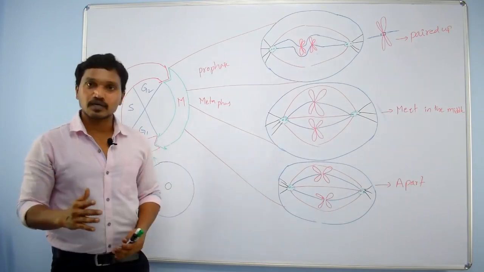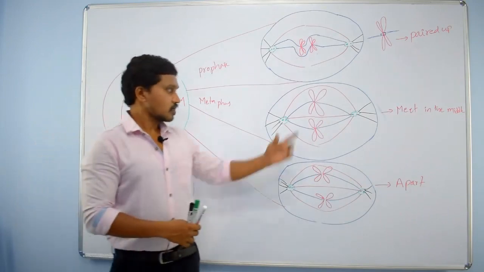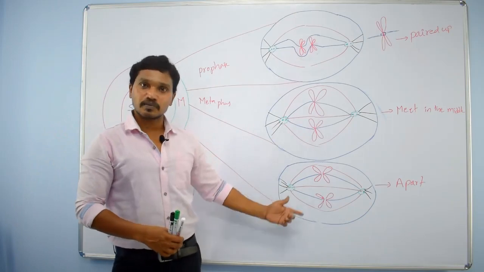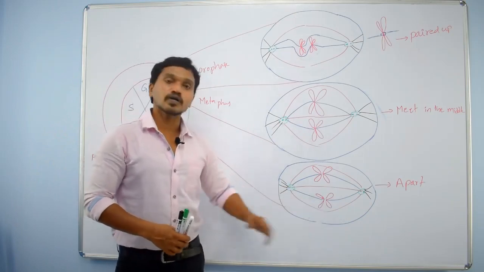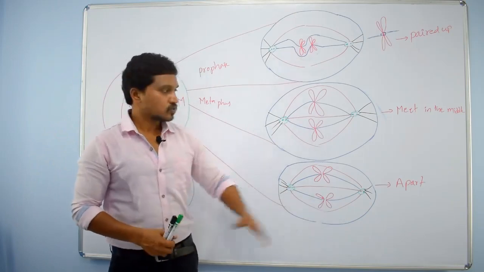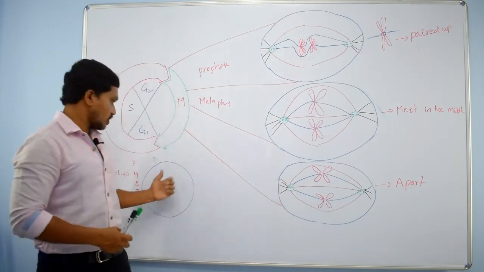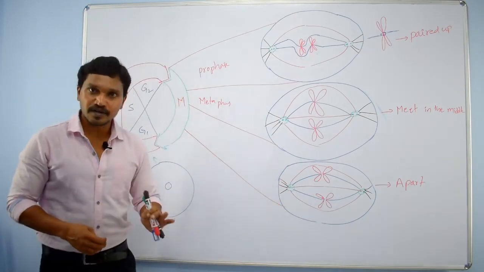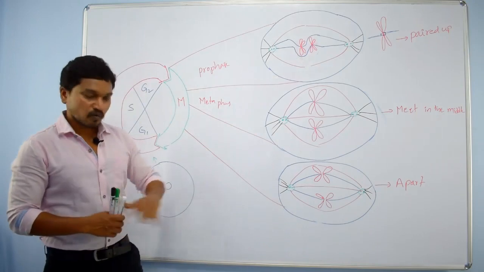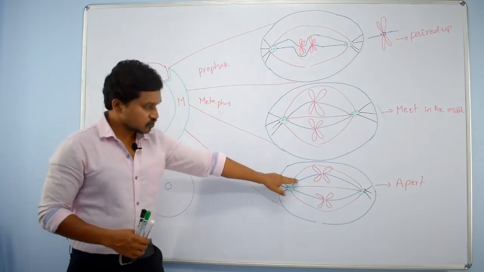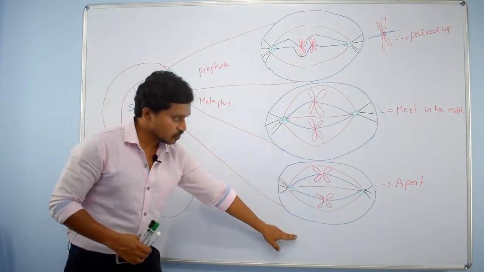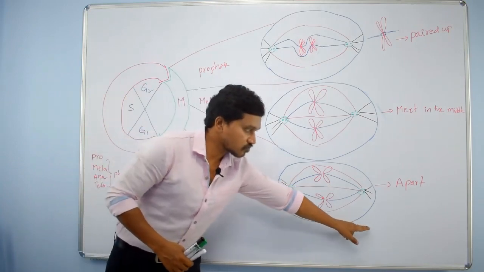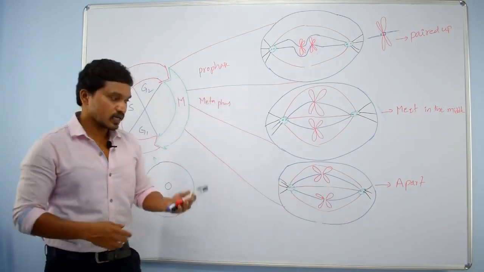So here they are separating. Who is separating? Sister chromatids are separating and becoming two daughter chromosomes. So A for apart. Right? Then once they contract, these chromosomes come to this pole and the other half of the chromosomes will go to this pole. Clear?